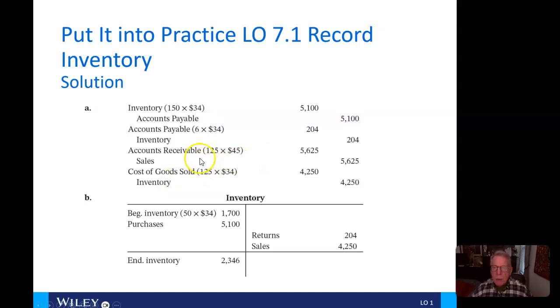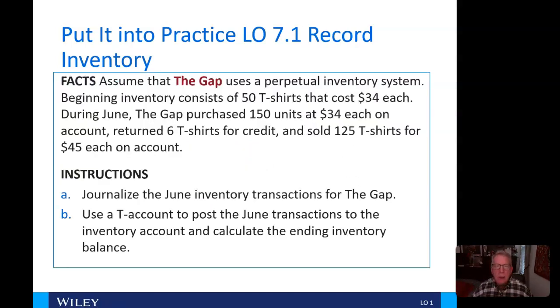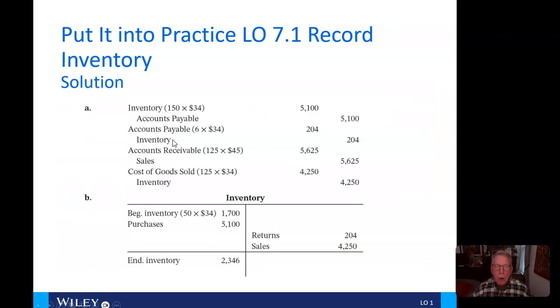And then when we sold, though, let's go back, these 6 units were returned. So when we returned that, we're pretty much going to reverse this entry that we did here. So that was worth $204, 6 times $34.